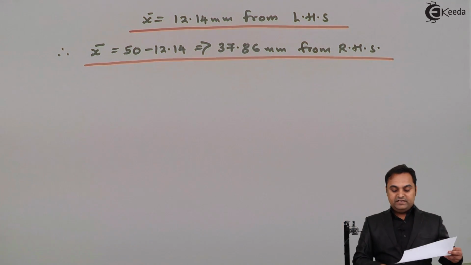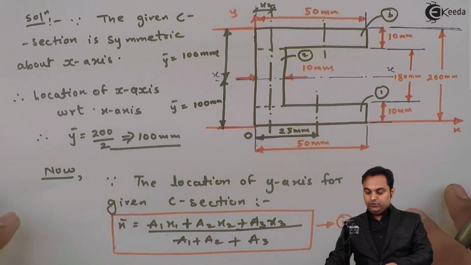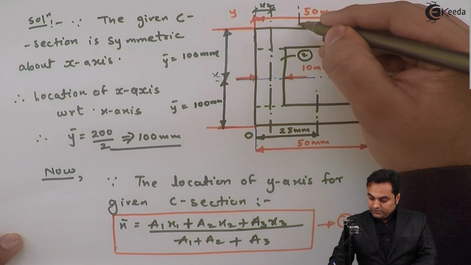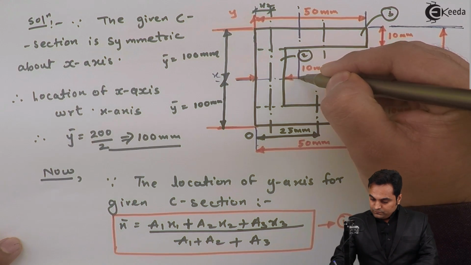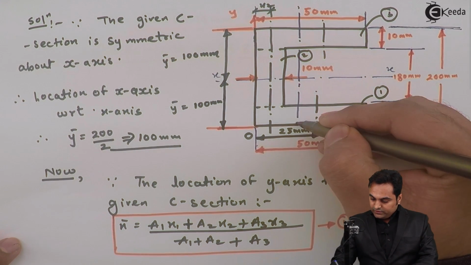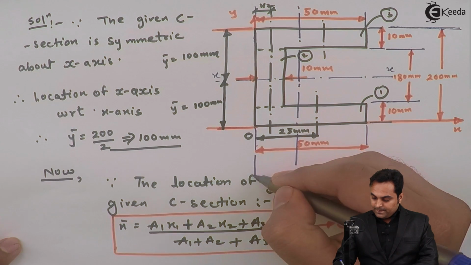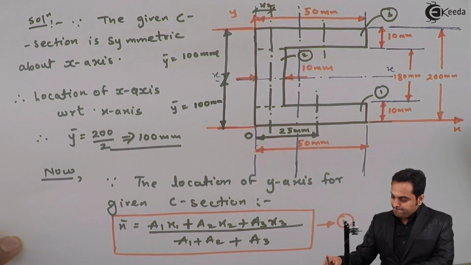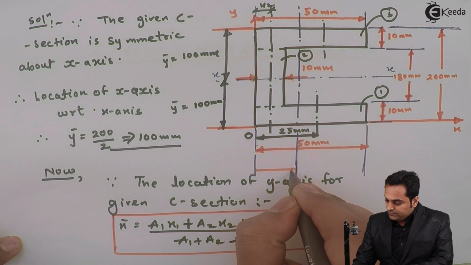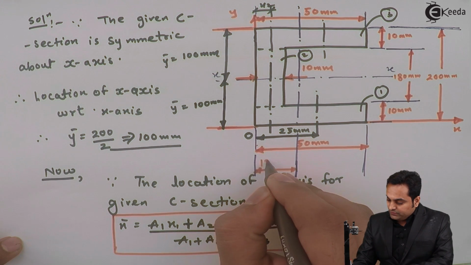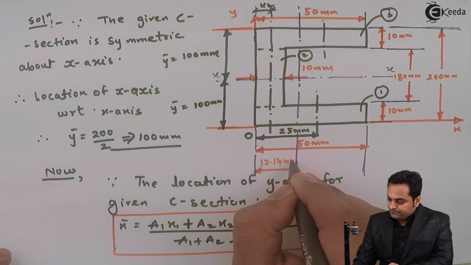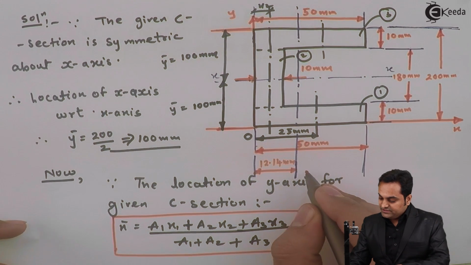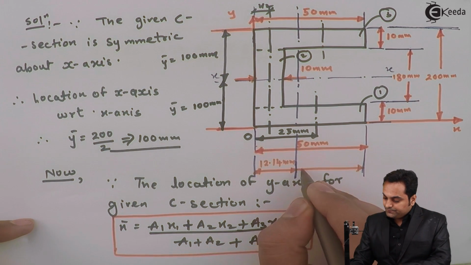Now once I have got these values, I can locate it onto the C section. Here this y-axis is located at a distance of x bar from left hand side. This is 12.14 mm as we have found out, and from right hand side 37.86 mm.